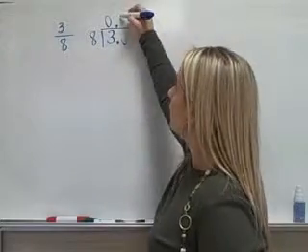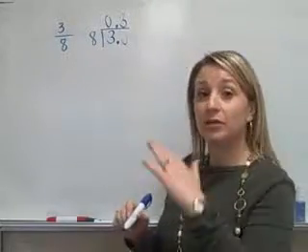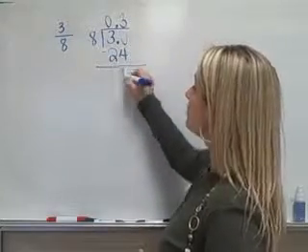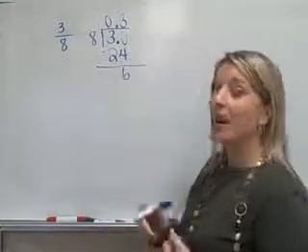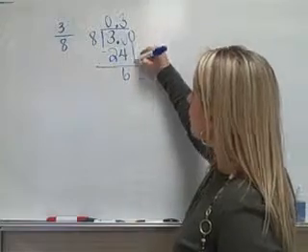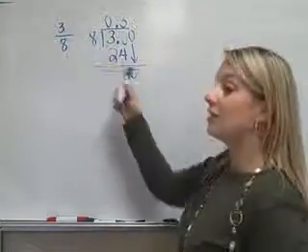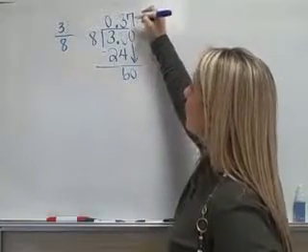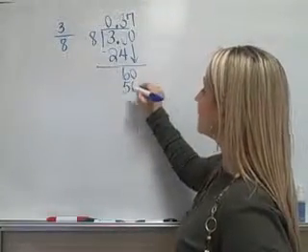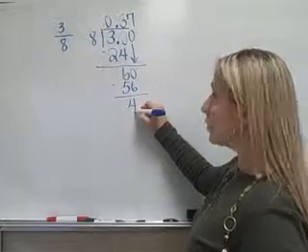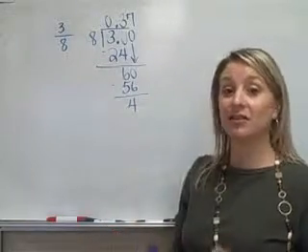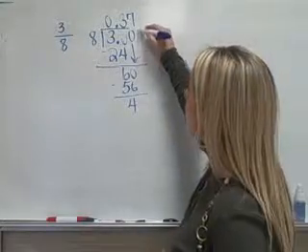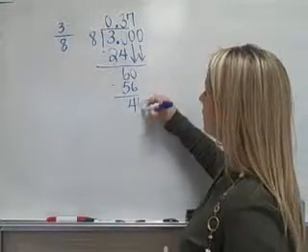8 goes into 30 3 times, right? 3 times 8 would be 24. I subtract those and I'm left with 6. I have to put in a 0 and drop it down. 8 can go into 60. How many times? That would be 7. 8 times 7 is 56. I have 4 left over. We're going to keep going until either it finishes, which means terminates, or until we figure out a repeating pattern here. 0.